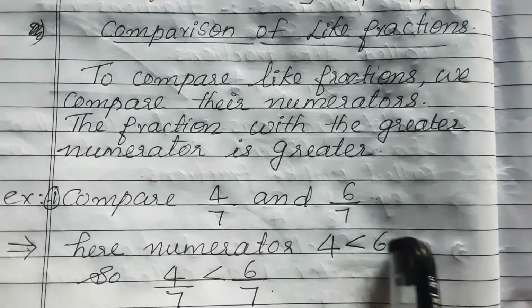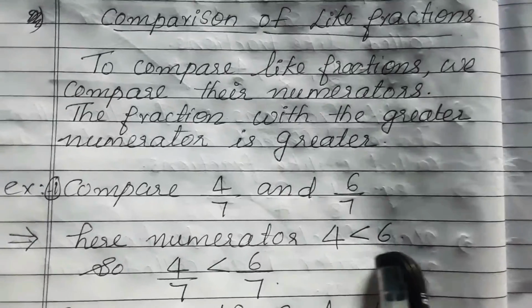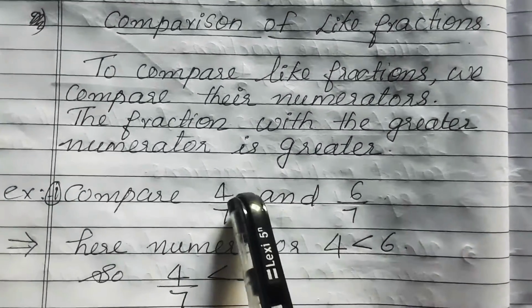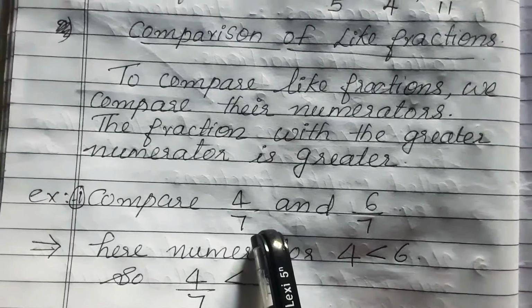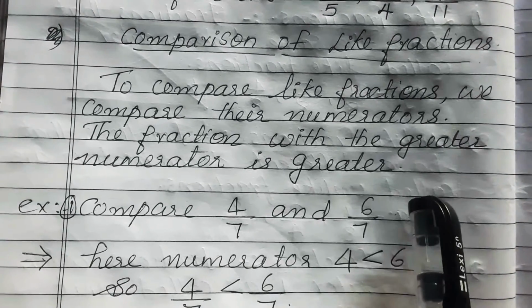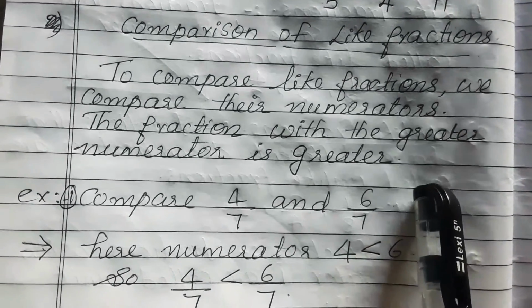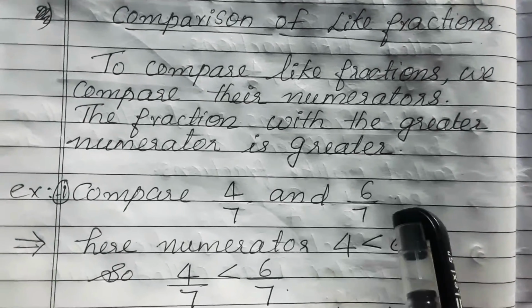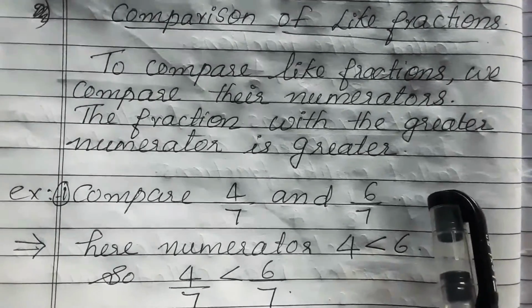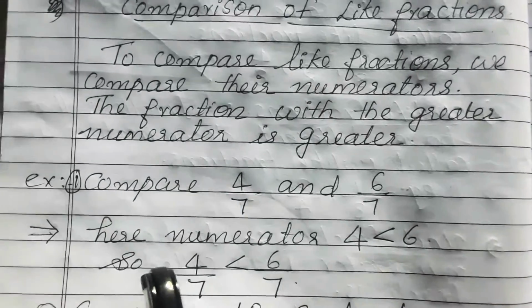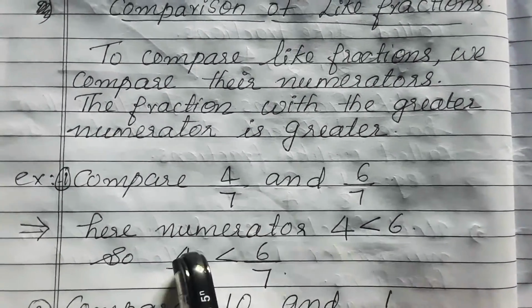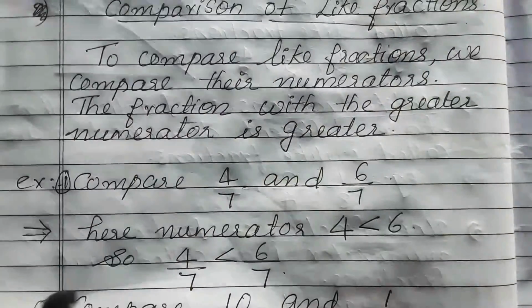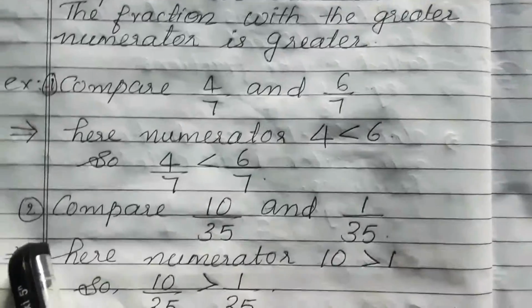So 4 by 7 is less than 6 by 7. If the numerator is smaller, then that fraction is the smaller one. The fraction with the greater numerator is the greater fraction. Clear, children? It is very simple, isn't it?